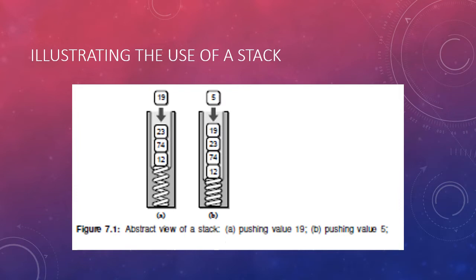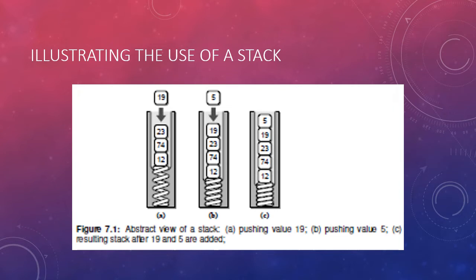In picture B, we are pushing 5 on top of 19. And this is the final stack after 5 has been pushed in. So whoever sees the stack will only be able to access the element at the top of the stack.